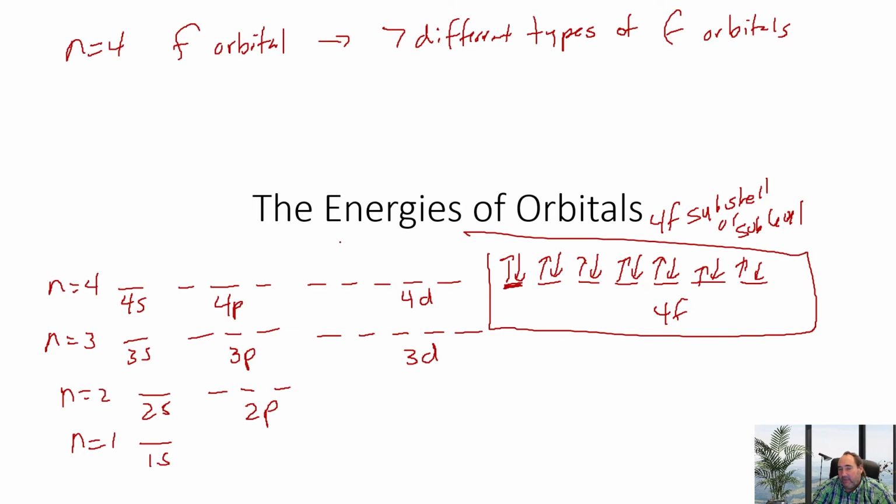Again, if each of these lines represents a different f orbital, you can max out the f subshell with 14 electrons maximum. Once again, you don't have to fill it all the way up with 14, but 14 will max out all of the f subshell.